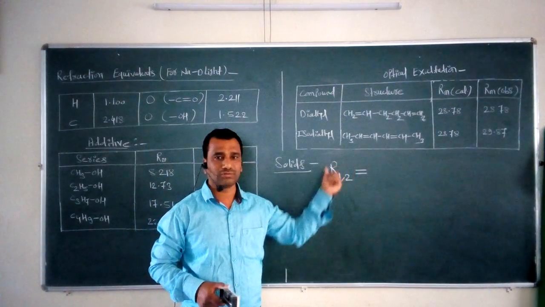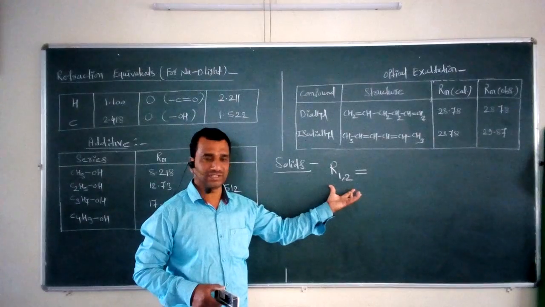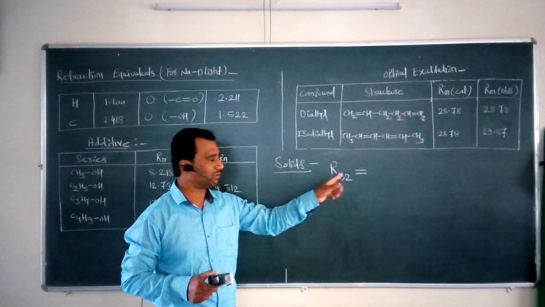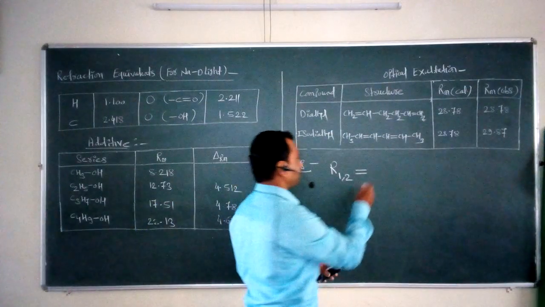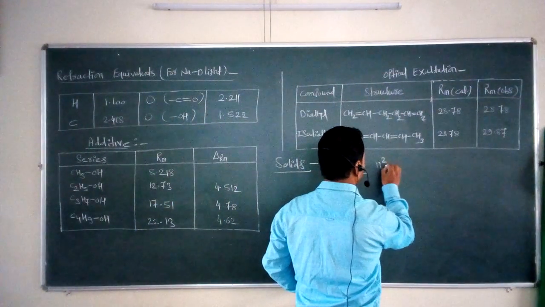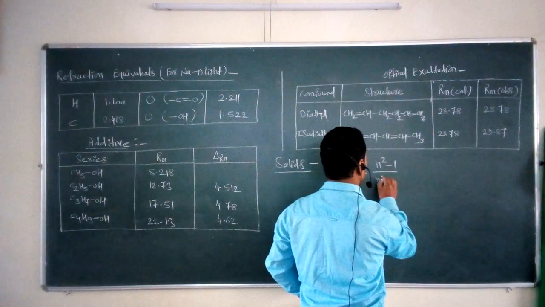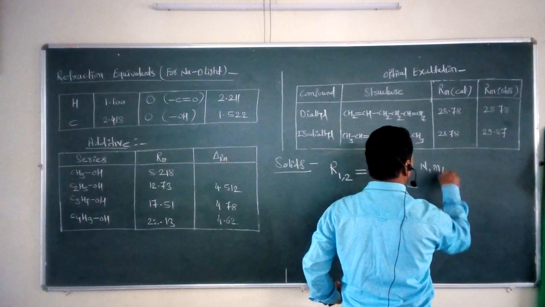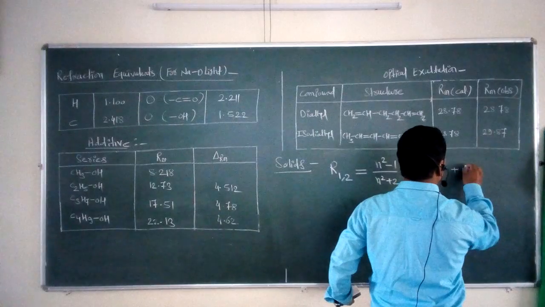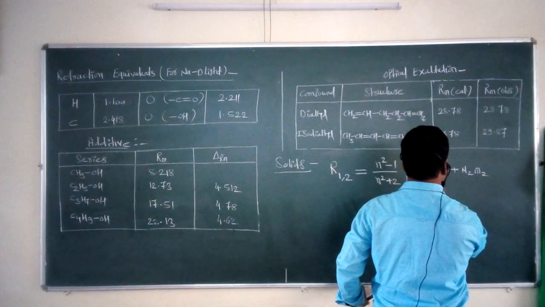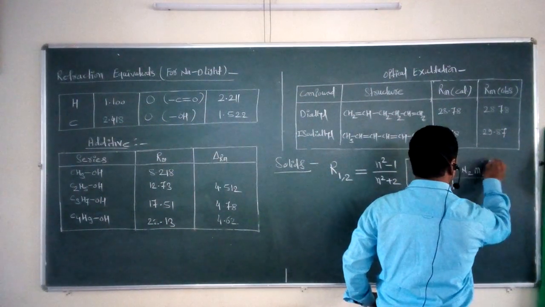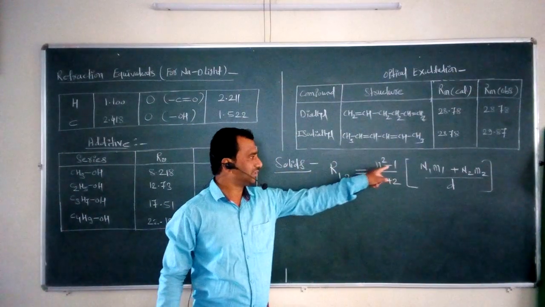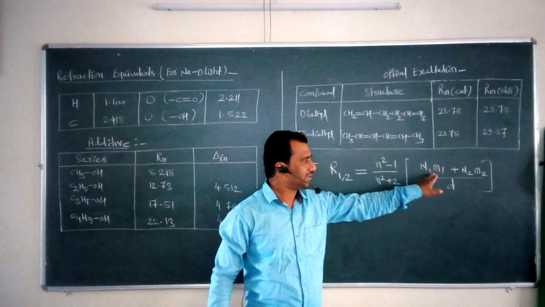R1,2 stands for molar refraction of the solution, 1 for solvent, and 2 for solute. So R1,2 is equal to (n² − 1)/(n² + 2) into (n1m1 + n2m2)/d, where d is small d. So this is the first simple equation: R1,2 = (n² − 1)/(n² + 2) × (n1m1 + n2m2)/d.